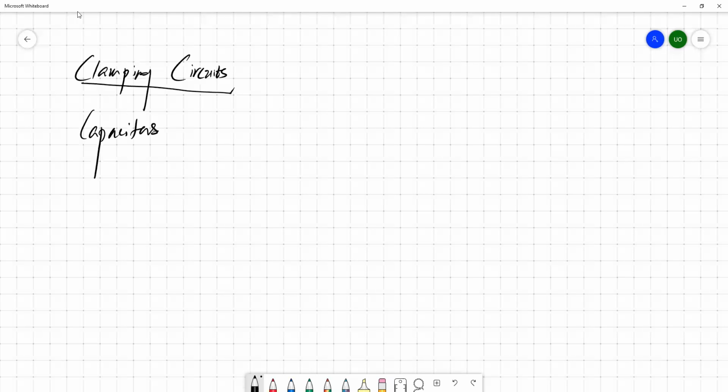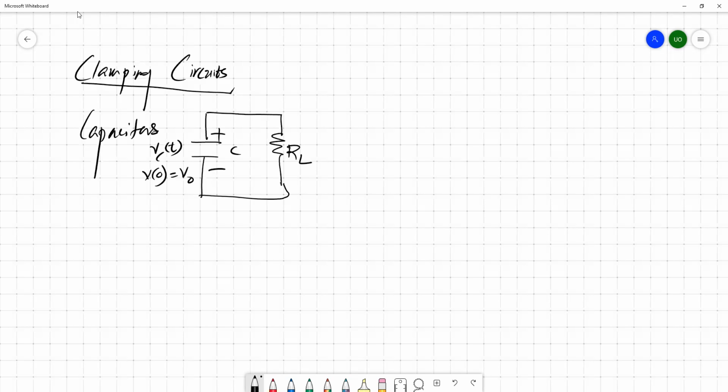During the circuit analysis, we found that if we have this kind of circuit arrangement, and a capacitor which is charged up to V naught at t equals 0, then we connect a load resistor, whatever energy is stored in the capacitor is released through the resistor.